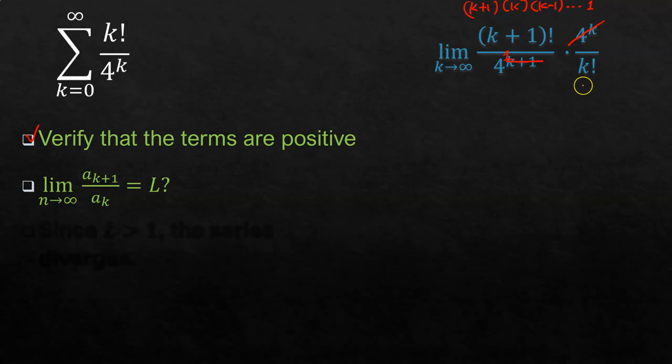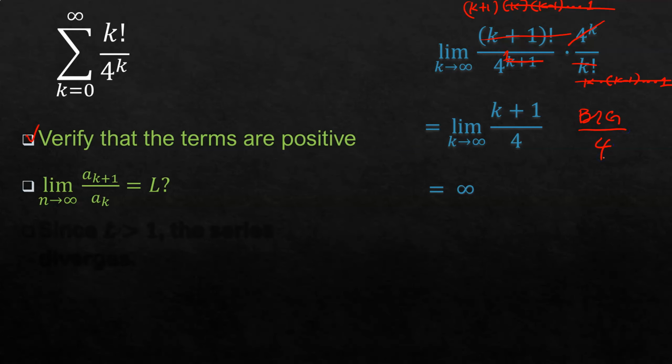And then k factorial is k times k minus 1, all the way down to 1. So you can see that all of these are going to cancel out, and that will just leave you with k plus 1 in the numerator. So we will have the limit as k goes to infinity of k plus 1 divided by 4. That would be a big number divided by 4, which is big.